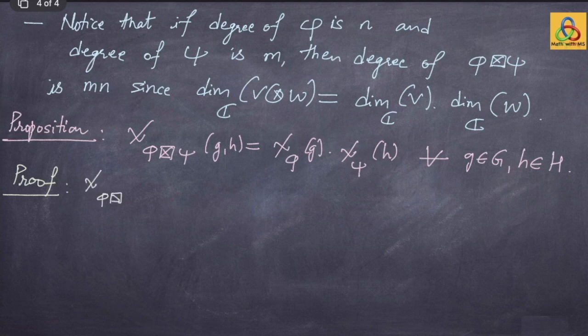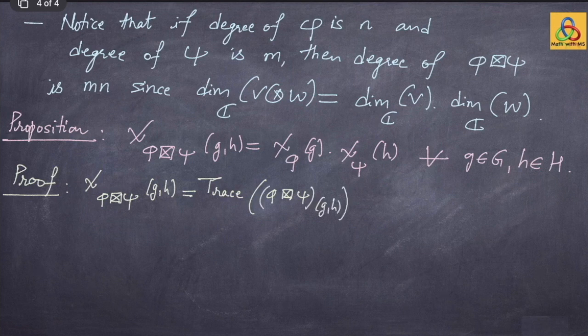So consider chi of phi exterior tensor psi acting on the group element g h of the direct product G cross H. By definition, this is the same as the trace of phi exterior tensor psi at g h, this transformation. But what is this? This is the same as the trace of phi g tensor psi h.